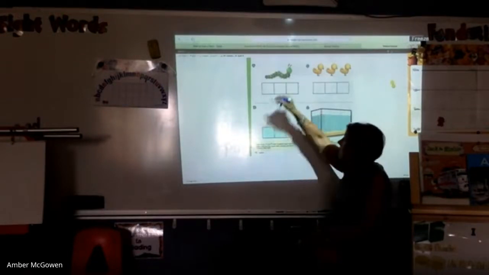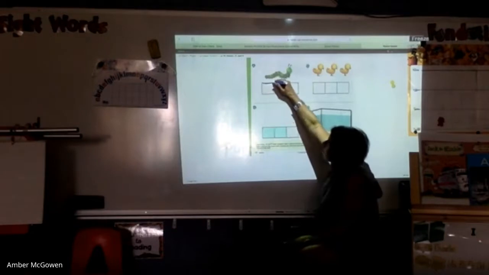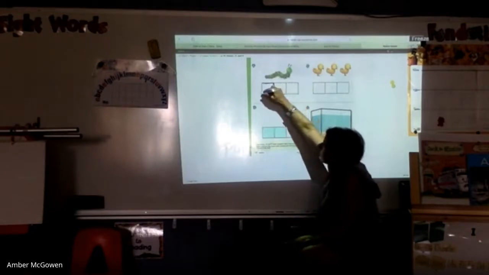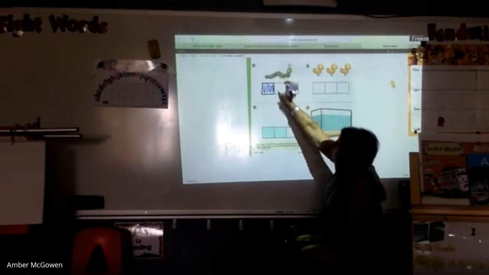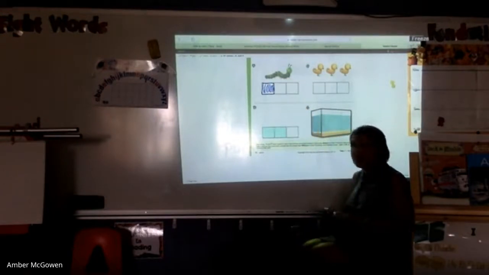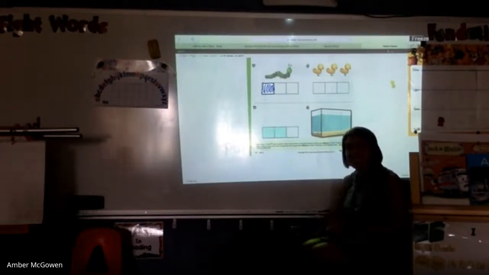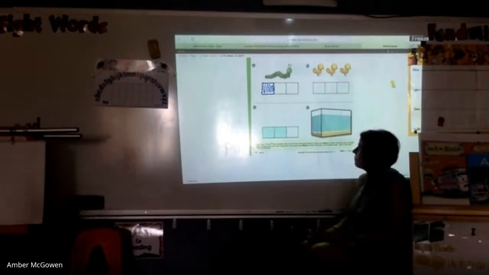One. We're gonna color in one box. Yep, one caterpillar, so one box.